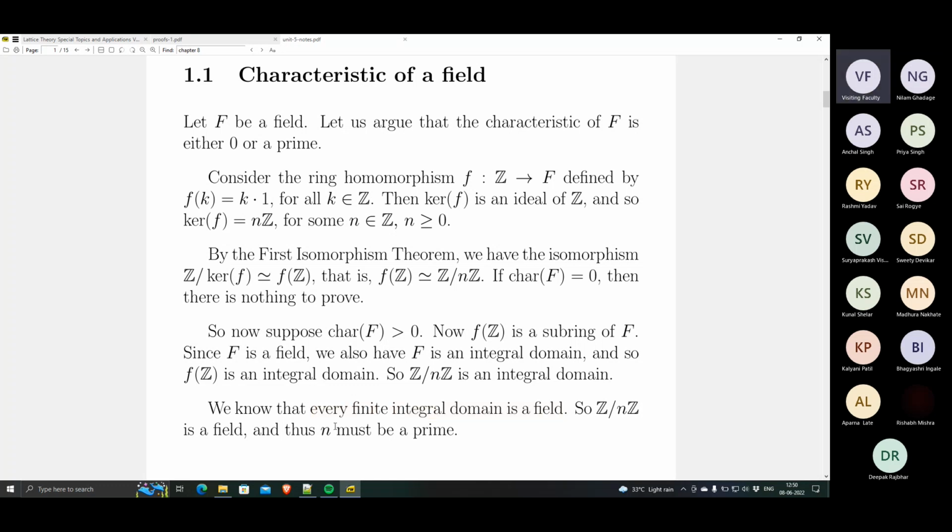Therefore, Z mod nZ is a field. But we know that Z mod nZ is a field if and only if n is prime, right? So Z mod nZ is a field and therefore n is prime. So what have we shown? If the characteristic of F is positive, then n, which is the characteristic of F, is actually prime.